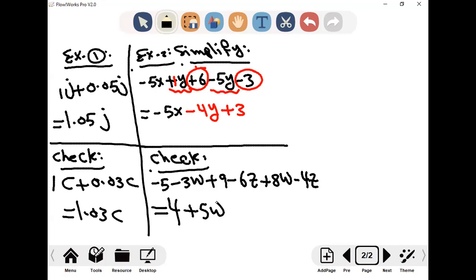The z's: negative 6 negative 4, negative 10z. Right? Now we have choices. Where is it? 4 plus 5w minus 10z, then B. Choose B. Did we understand?